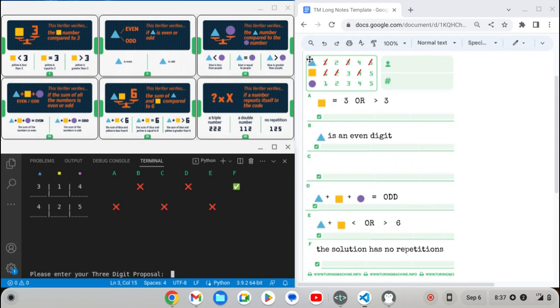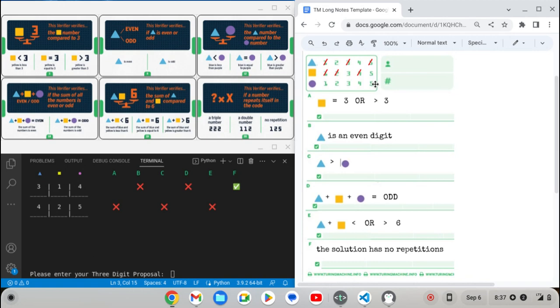So let's go ahead and type that up in our notes. And that is that triangle is greater than circle. And let's see, can we cross out anything with that piece of information? If triangle is to be greater than circle, I don't think circle can be a 5 because there's nothing bigger for triangle to be.